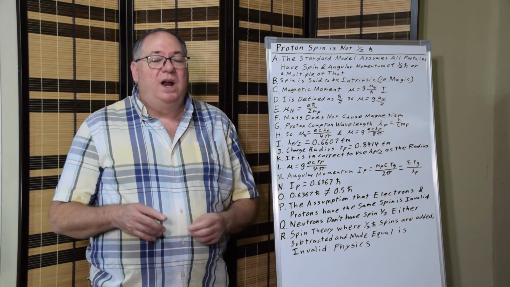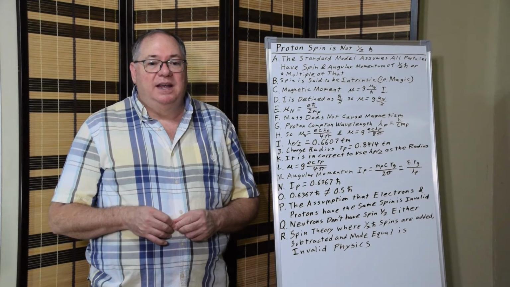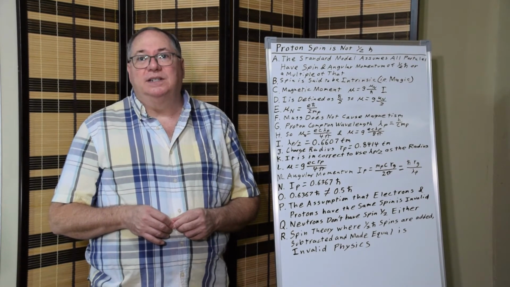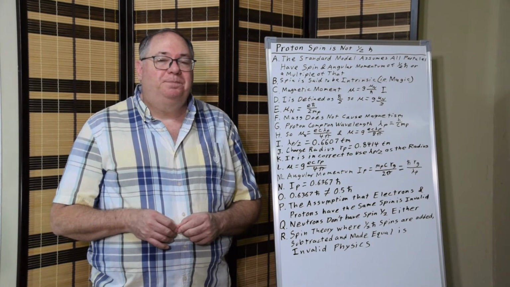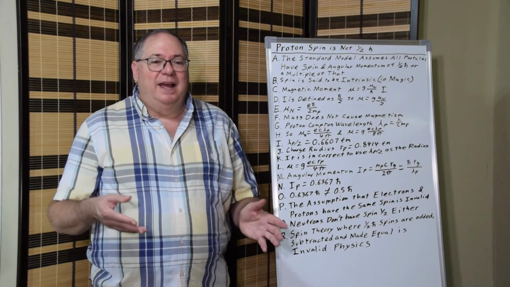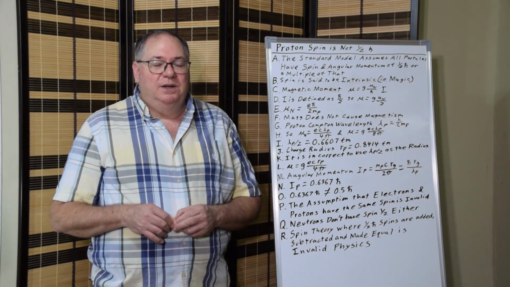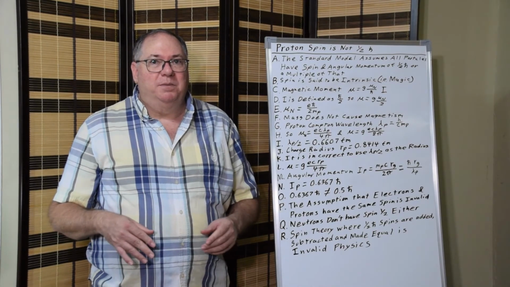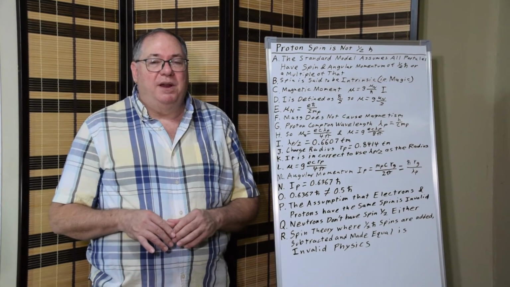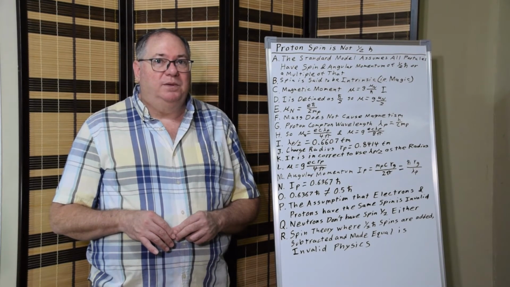So this is one area where particle theory is nonsense. It's invalid physics, or fictitious physics, as I like to call it. And I'll talk a little bit more about that in a couple other videos, because to me this is one of several big problems with the standard model of particle theory. One of the things that got physicists into trouble.